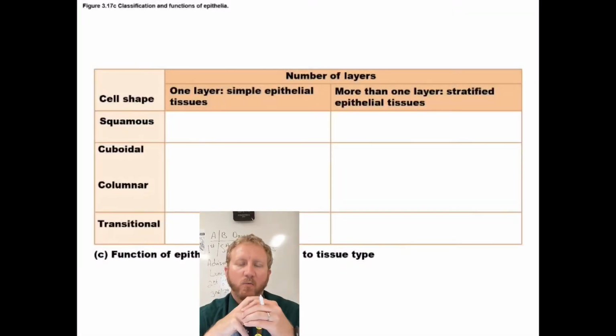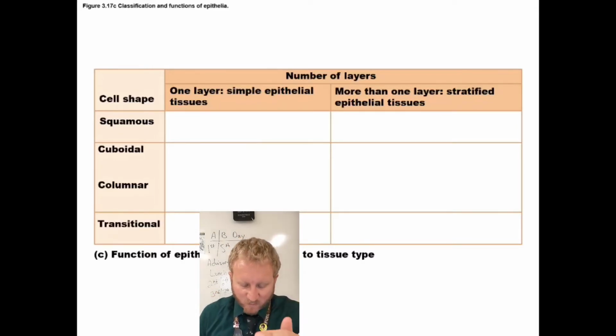Okay, so we're going to be coming back now to that concept that we discussed at the beginning of the school year about how the structure of different parts of the body determines the function. So we're going to look at how that structure, either the number of cells, simple versus stratified, or the shape, squamous, cuboidal, and columnar, determines the function, what those particular tissues do.